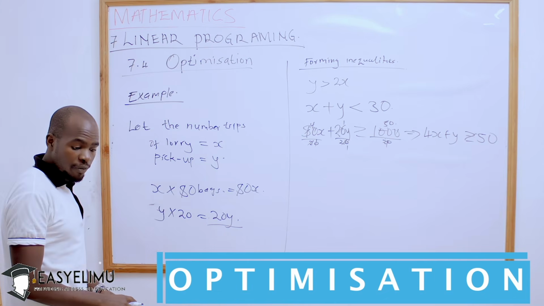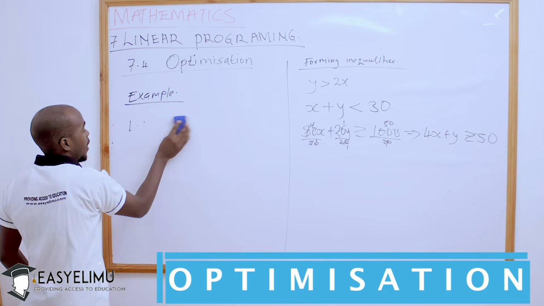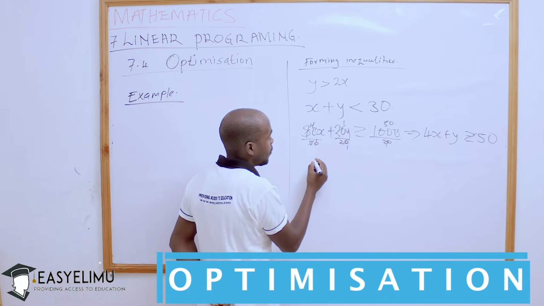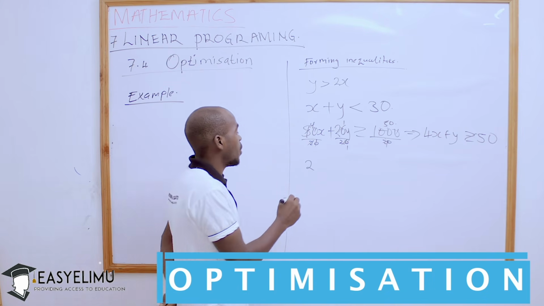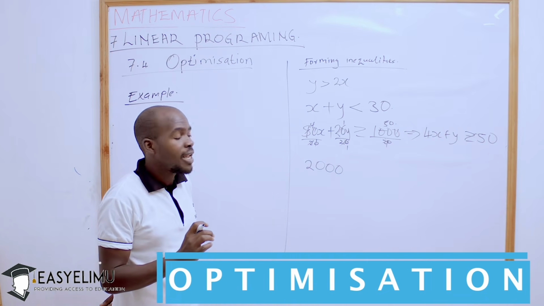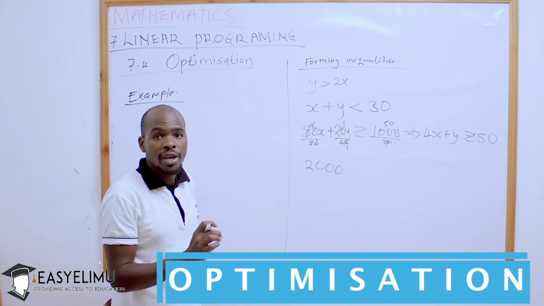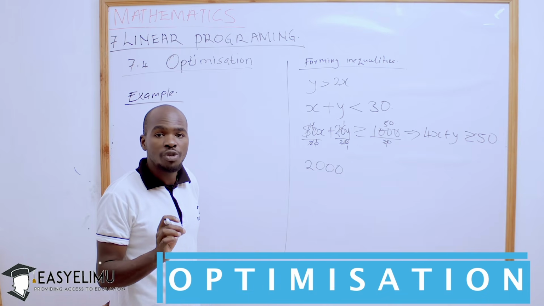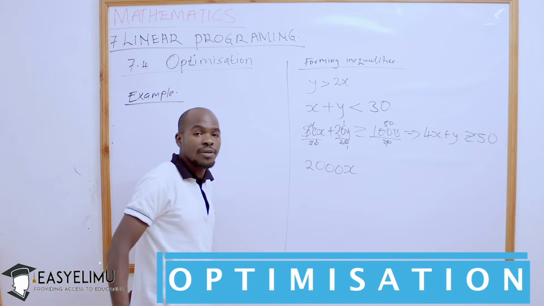So if we form the inequality for the expenditure, if one trip of a lorry is spent at 2,000, then the total expenditure for the lorry will be 2,000 per trip multiplied by the total number of trips that the lorry makes, x, and you shall get 2,000x.